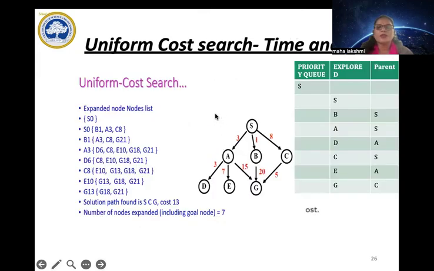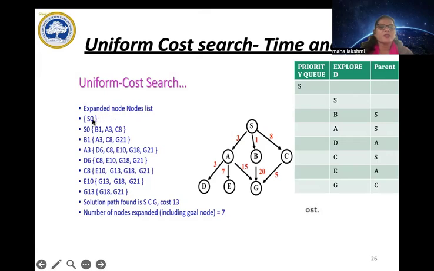So if you consider uniform cost search algorithm with respect to the table, it can be done easily. There is a priority queue. Consider a table with 3 elements: priority queue, explored states, and parent. So you create a node list with whatever nodes are being expanded.